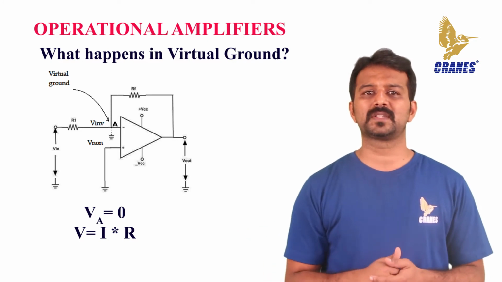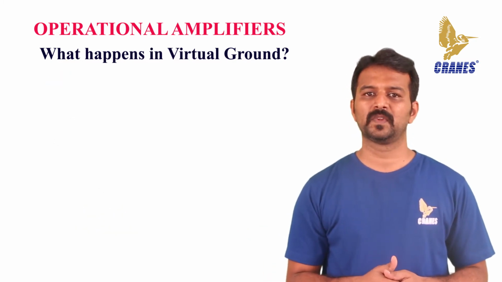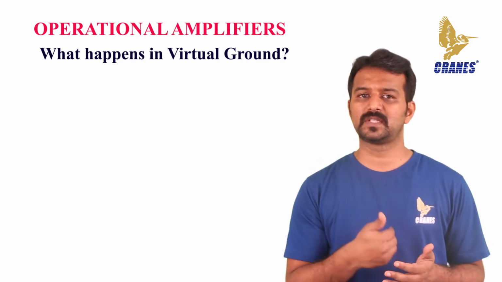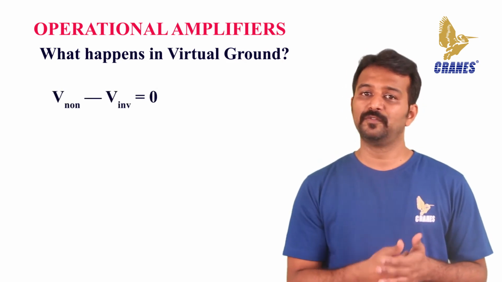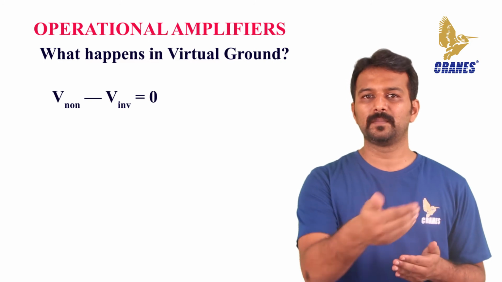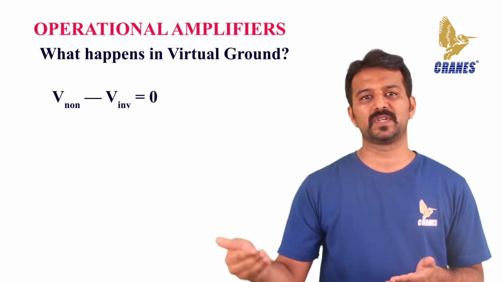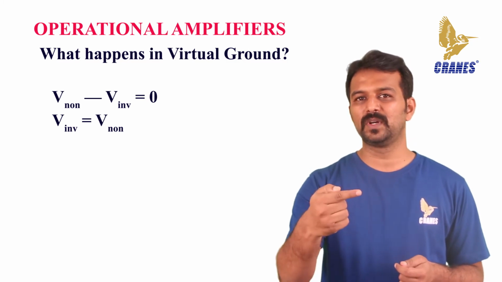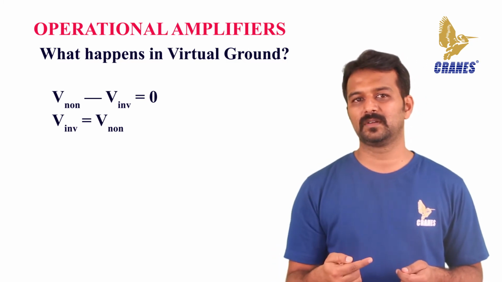Another way to understand the virtual ground concept is that, for an ideal op-amp configuration, the differential input voltage is 0. That is, V non-inverting terminal minus V inverting terminal equals 0. So ideally, V inverting terminal should be equal to V non-inverting terminal.